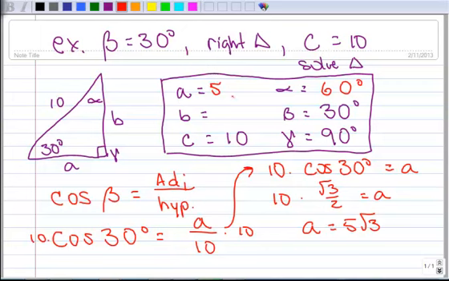So let's write that in. 5 times the square root of 3. Alright, you'll notice I'm doing this in exact values. There's nothing wrong with doing it in exact values. Then you don't have to worry about rounding it off. Alright, so we've got that.